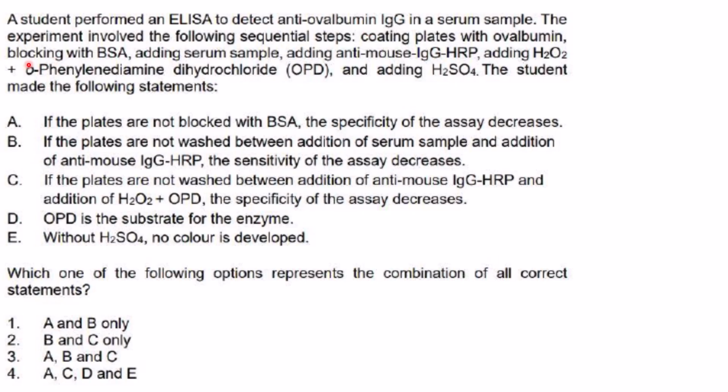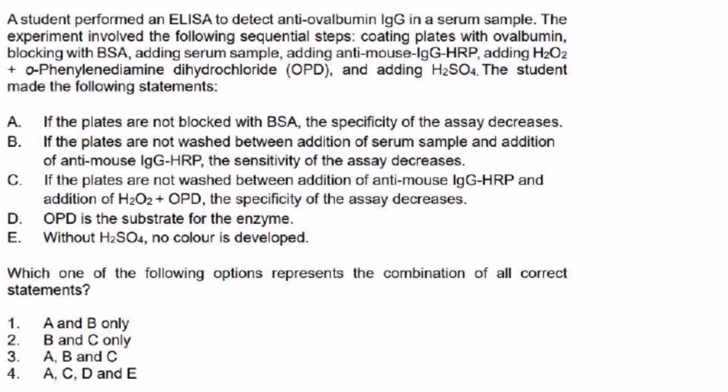Then they blocked with BSA, then they added serum sample, then they added the anti-mouse IgG HRP, that is secondary antibody conjugated to the enzyme horseradish peroxidase. Then they added the substrate, that is H2O2 and OPD, that is phenylenediamine dihydrochloride, and added H2SO4. So the student made the following statements.